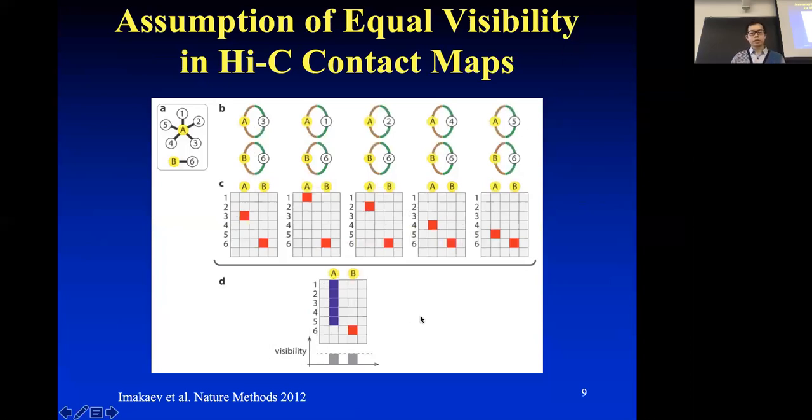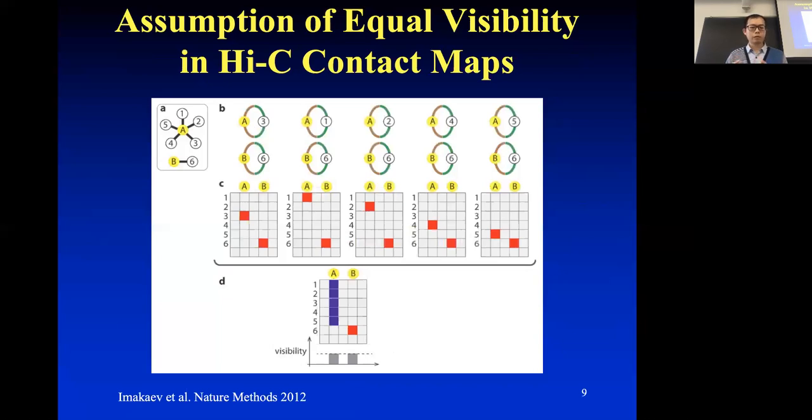Then you may notice that if we sum up each location, they should always have the same number of interactions with other places, no matter whether it's scenario A or scenario B. After people did the experiment, because no experiment is perfect, there is always some random noise.